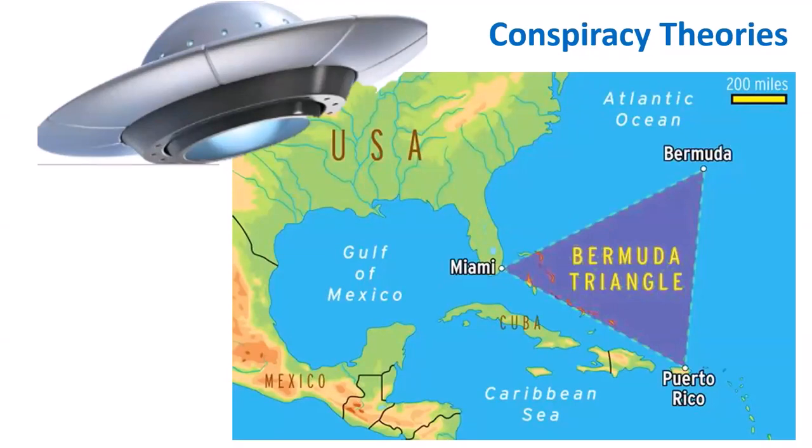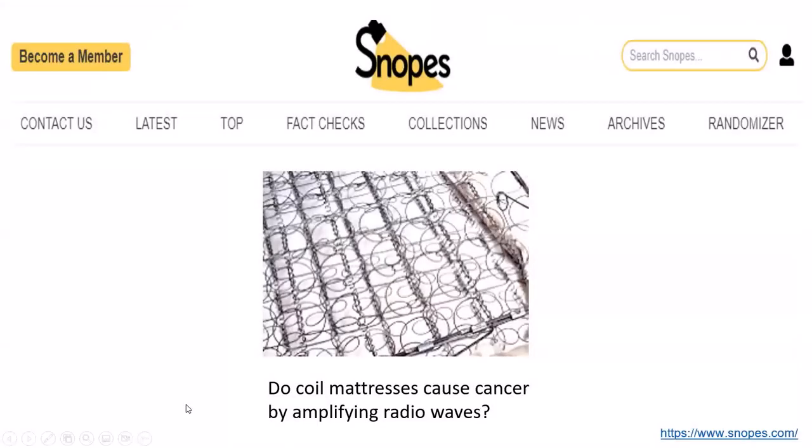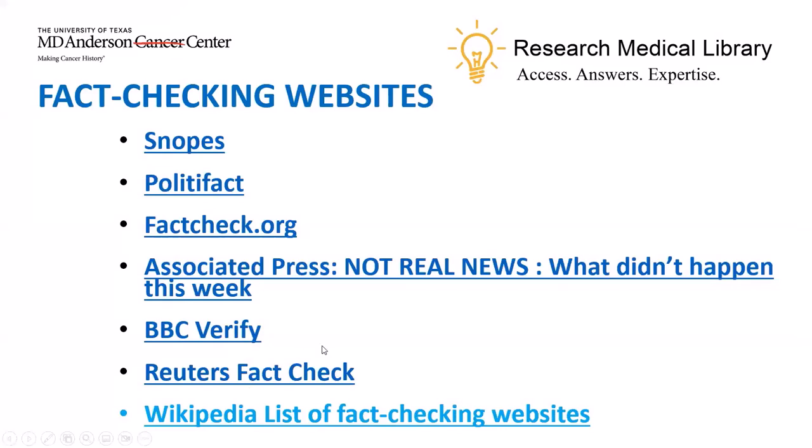Like I said a couple of slides ago, the ones in the list that I presented are the most reliable, according to a lot of other media websites. For example, a lot of newspapers and news stations on television actually use information from Snopes and PolitiFact and BBC Verify to verify information that they're about to report on.